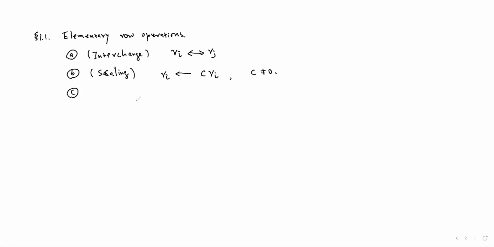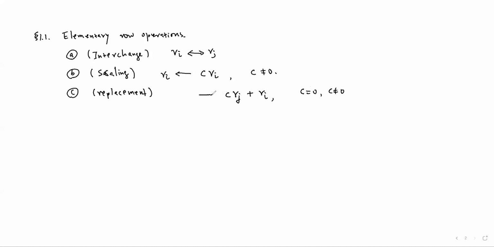Operation 3 is called replacement. The operation is some number times some row, say row J, and then plus row I. Here this number can be 0, can be non-zero. It doesn't matter. Now we have a new row.